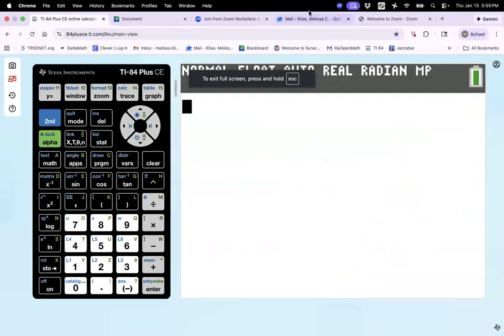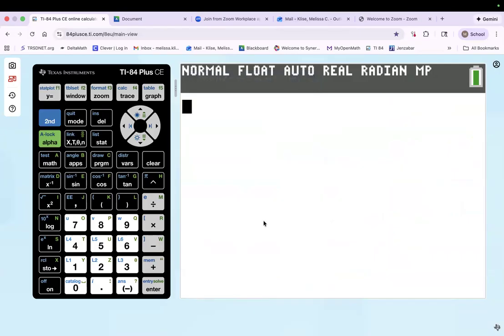If you've never used this type of calculator before, other than basic calculations, it's okay. I'm going to walk you through it as if you've never seen one before, so make sure you stop me and ask questions if you have them.